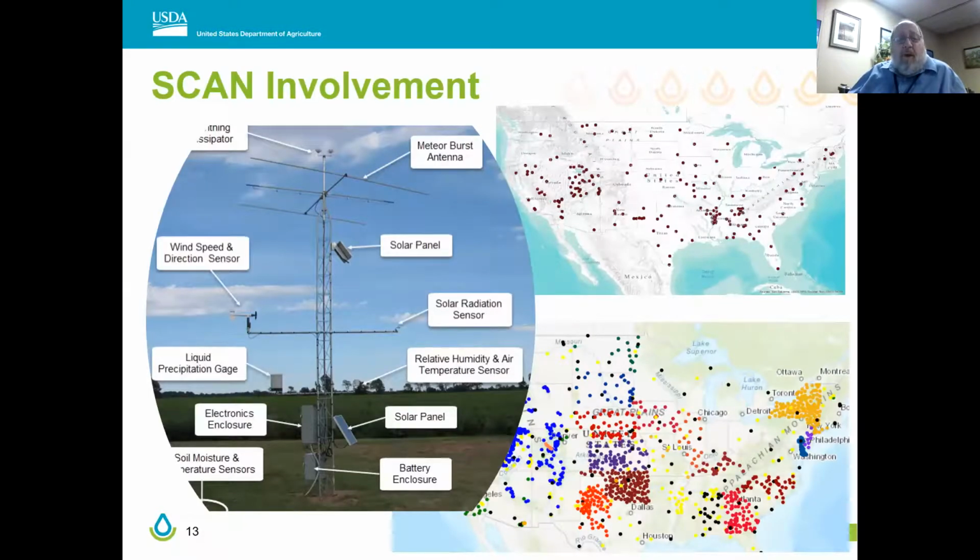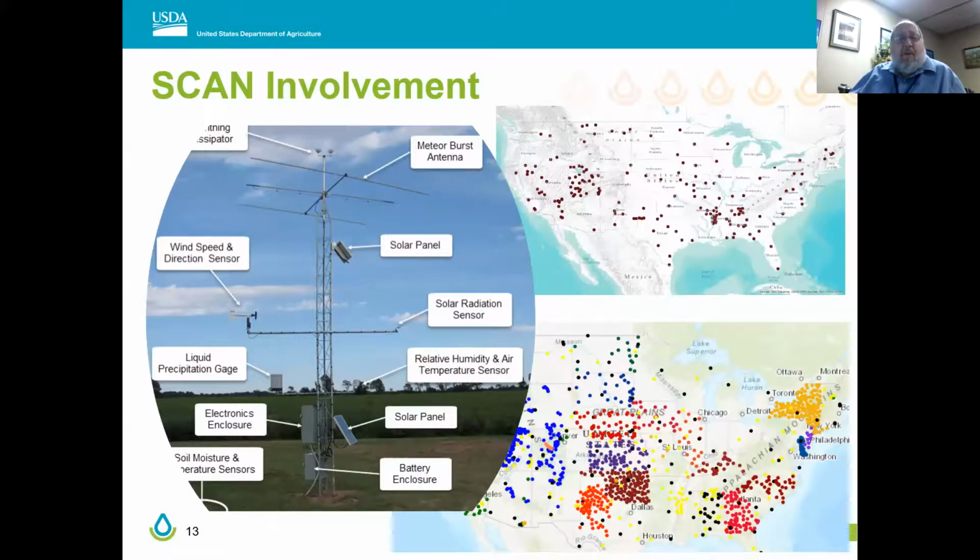We're currently working on, and will be completing this fall, a document showing a new level of involvement between the Soil and Plant Science Division and the SCAN network in the United States. Currently, the SCAN network has about 220 SCAN locations, for Soil Climate Analysis Network stations.